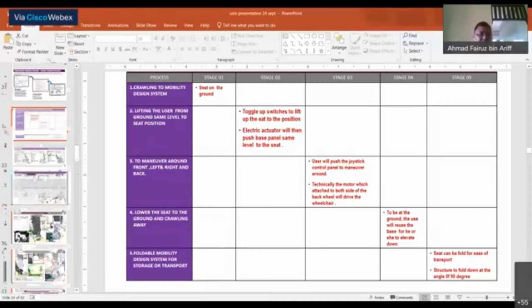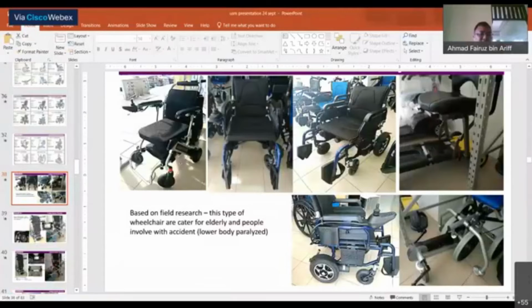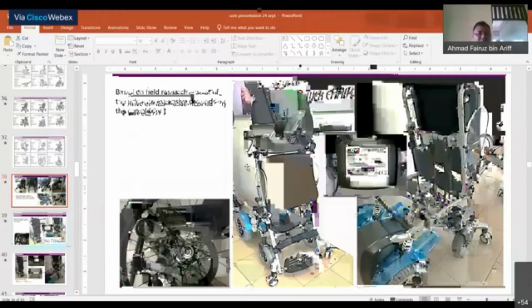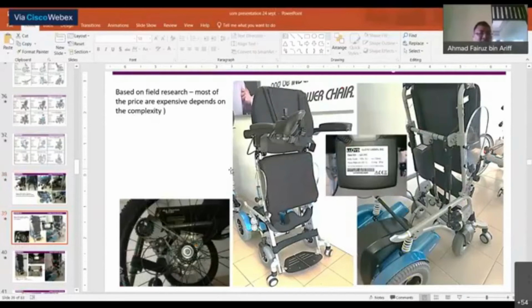Next, based on the field research, most of the wheelchairs found, even though they come in various designs, are not dedicated to this kind of people. They are more towards the elderly and people involved in accidents. Based on field research, most of the prices are expensive and depend on the complexity.